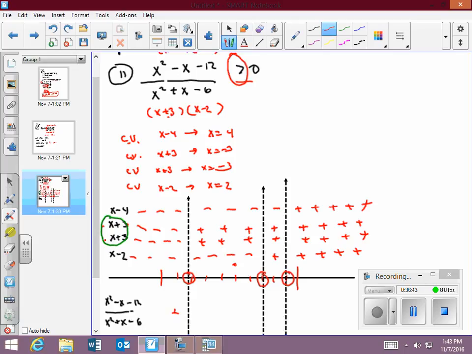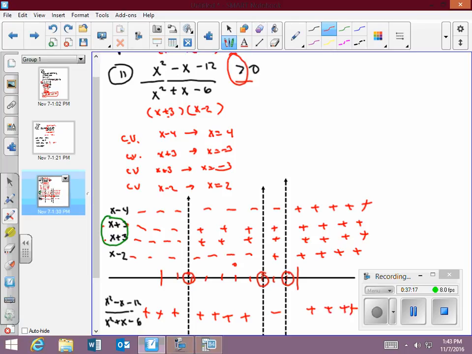Between -3 and +2, I have a negative, plus, plus, minus. So I have a positive still. From 2 to 4, I have 1 negative and 3 positive, so I get negative. And then to the right, I get all positives.